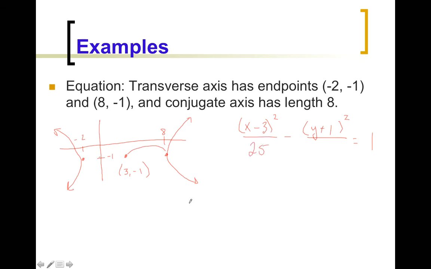And the conjugate axis has length of 8, which means this direction is 8, and half of that is 4. So therefore, b is 4, therefore b squared is 16. And there we have our equation. All right, so that shows that I have a hyperbola that opens left and right, with center (3, -1), and tells me how to find my vertices and all that sort of stuff.